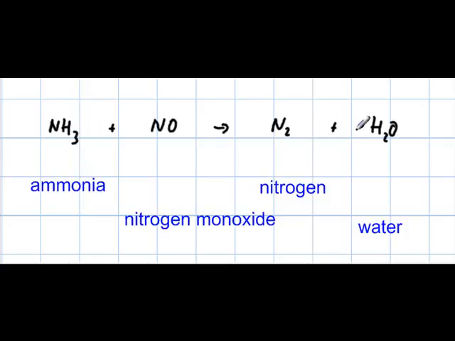So 3 hydrogens here, 2 hydrogens there. That means that this one here has to become even. So I'm going to put 2 NH3. 2 times 3 is 6. That means I need a 3 here. 3 times 2 is also 6, so that's okay. Now that means I have 3 oxygens, so I need 3 oxygens over here.